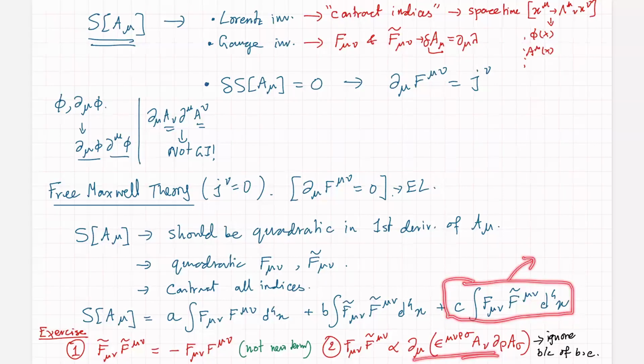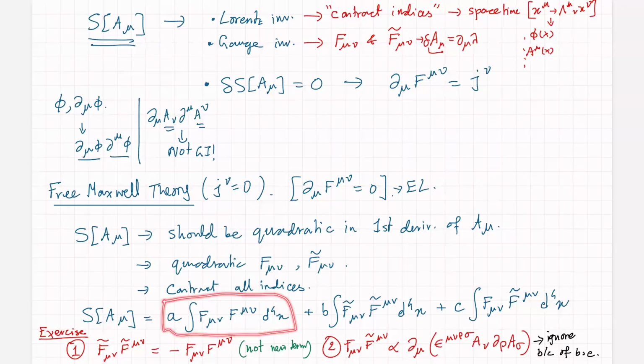I can just use Stokes' theorem, write it as a boundary term, impose the boundary condition, and this vanishes. So essentially, it's only this. Okay. And now our task is that once we have this, it fits the bill, and it's pretty much the only unique candidate that we have. It had better reproduce this.